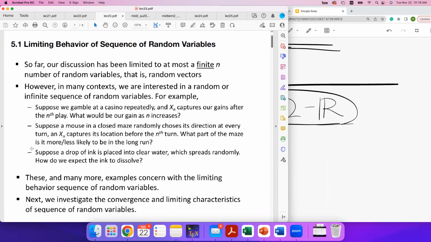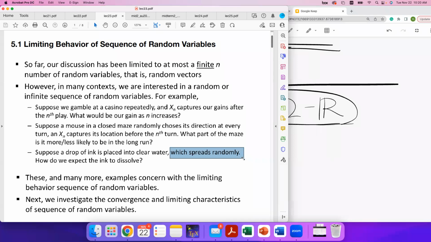If you want to model some natural phenomenon using a random process, like a drop of ink placed into water, this dynamic is totally random. You cannot predict that, but we can use a random process to model this dynamic, and that will give us a sequence of random variables over time.